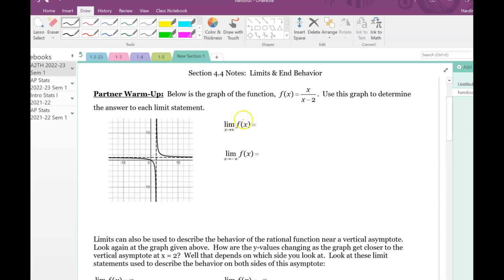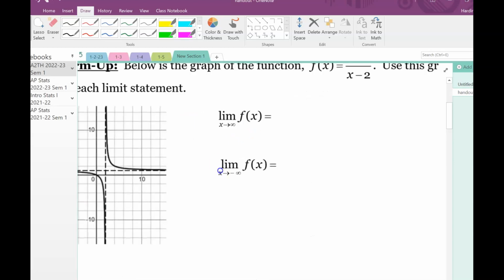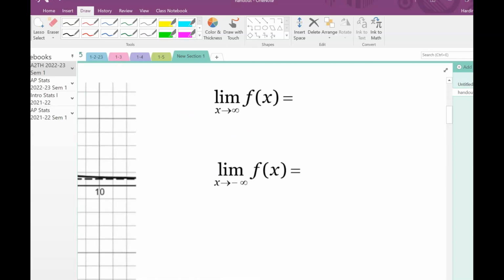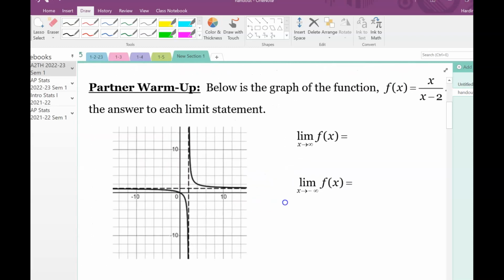So remember what this means right here. The limit of f of x as x goes to infinity. As x gets very, very large, what is happening to the output values of the function? So this is going to bring us back to that horizontal asymptote. Remember how I keep saying the horizontal asymptote is about what's happening on the ends.